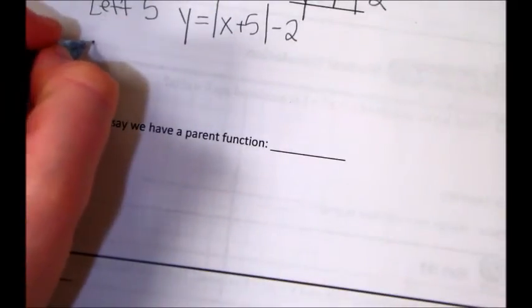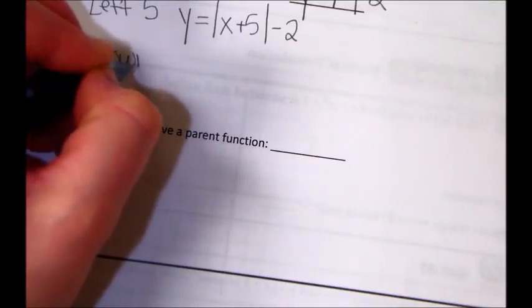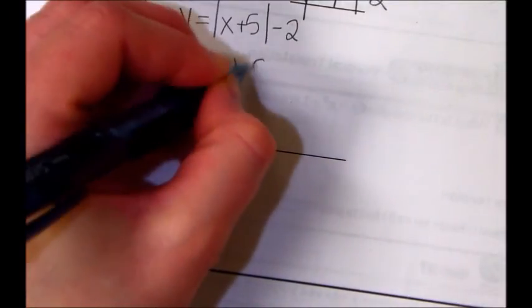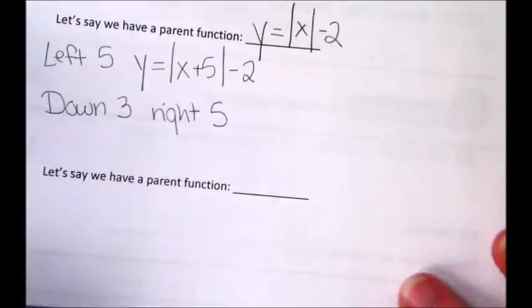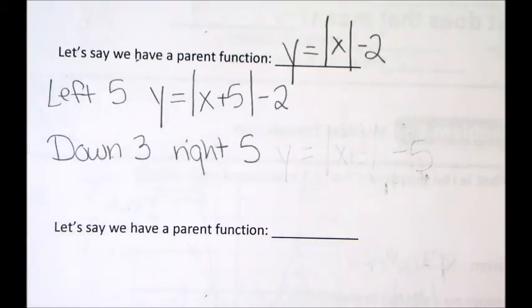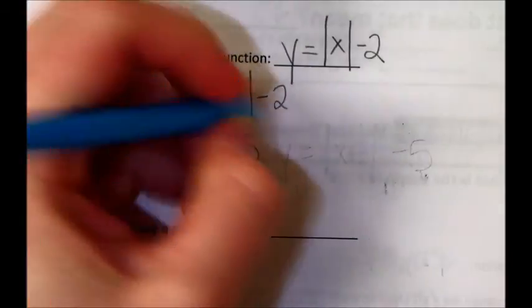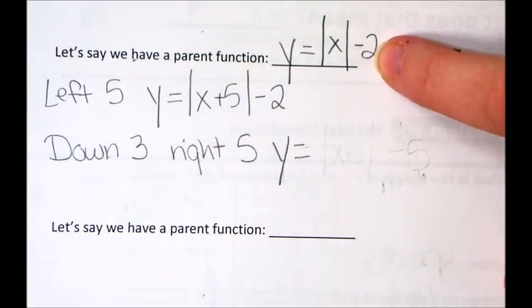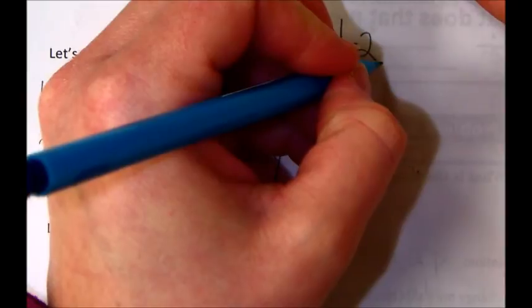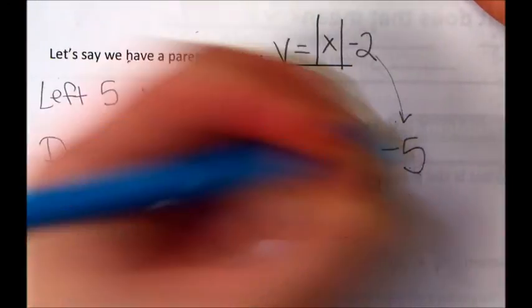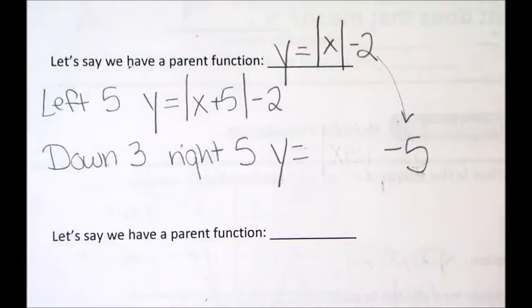If I wanted to move this one down 3 and right 5, let's practice what that would look like. Okay, so in order to move down 3 and right 5, we write y equals. To move it down 3, I have to take 3 away from this back number. So when I take 3 away from this back number, I get a negative 5 because negative 2 minus 3 is negative 5.